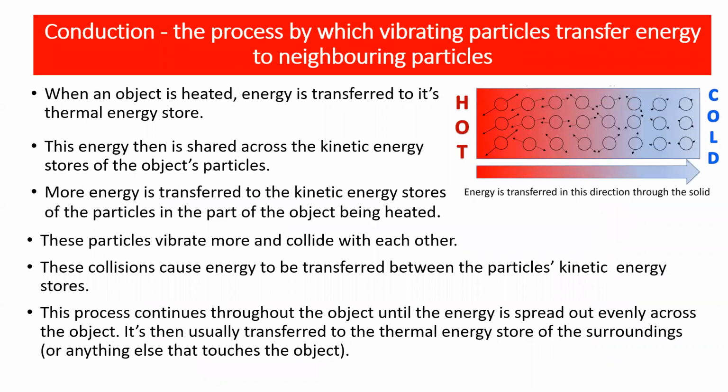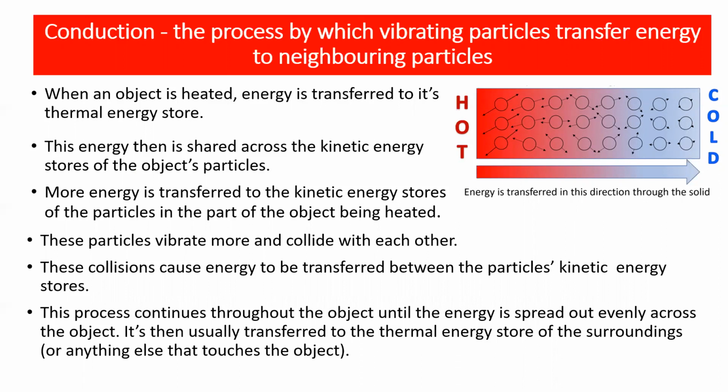Now, if we were to look at this process in more detail, we would see that when an object is heated, energy is transferred to the thermal energy store of that object. And this energy is shared across the kinetic energy stores of that object's particles. Now you can see that this solid is being heated at one end.